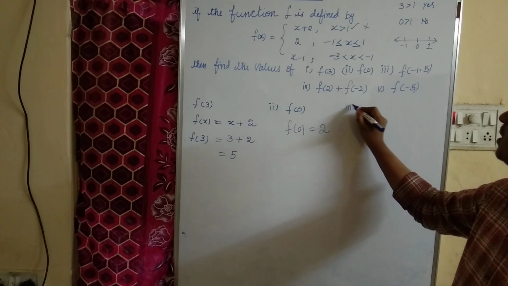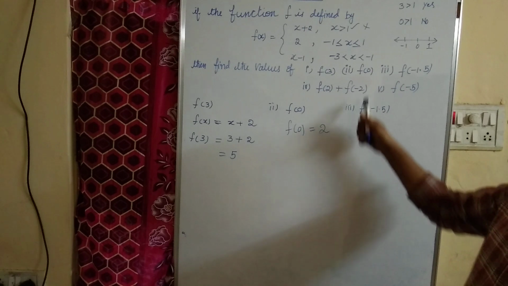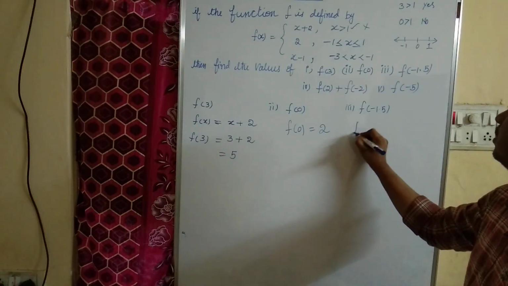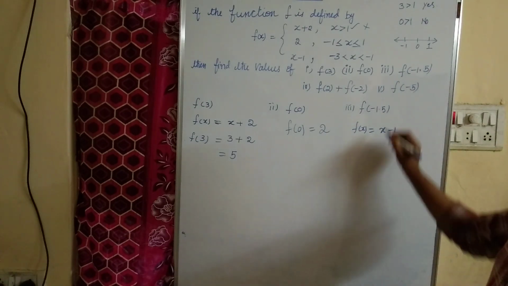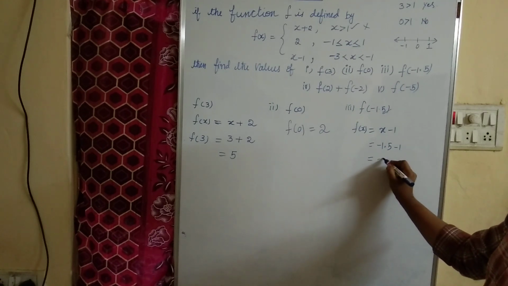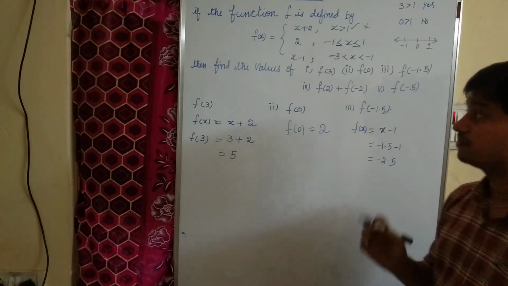So question number 3 is f of minus 1.5. As minus 1.5 lies between minus 3 and minus 1, the given function f of x is x minus 1. As x value is minus 1.5, minus 1.5 minus 1 is equal to minus 2.5.